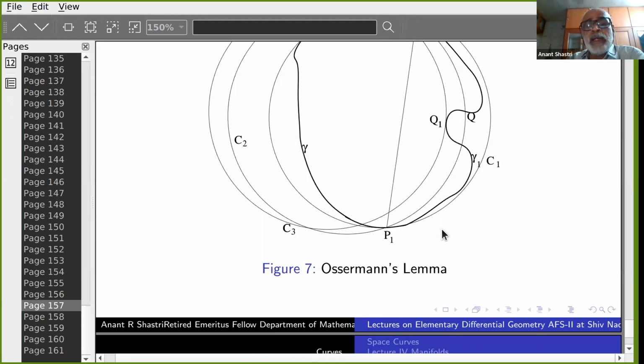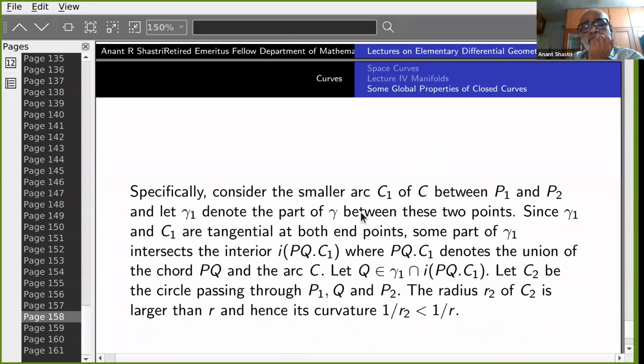So specifically, start with, consider the smaller arc C1 of C between P1 and P2. Let gamma 1 denote the part of gamma between these 2 points. Since gamma 1 and C1 are tangential at both the endpoints, some part of gamma 1 intersects the interior of PQC1.